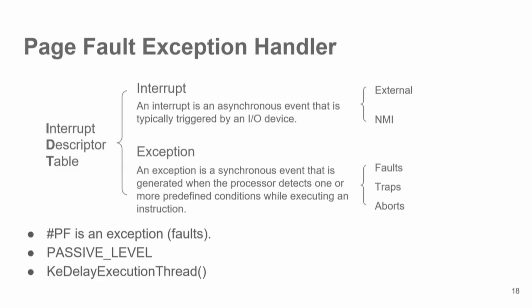So in our case, it's the user thread that triggers this page fault, so the IRQL will be at passive level. And we know at passive level, we can call a lot of Windows kernel APIs. So we chose KeDelayExecutionThread. That's a kernel version of the sleep function. And we can let the thread sleep in the page fault handler and let the OS reschedule. So now that sounds not too horrible.